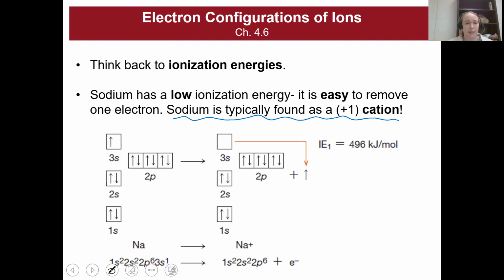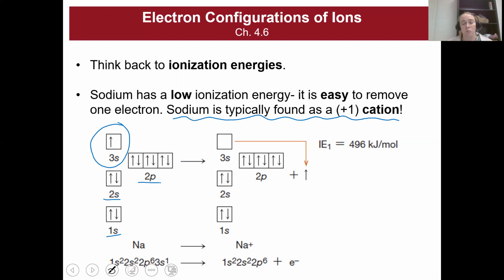And you can see it here. If we use box notation, sodium has 11 electrons. So it has 2 in the 1s orbital, 2 in the 2s orbital, 6 in the 2p orbital, and then 1 extra in the 3s orbital.